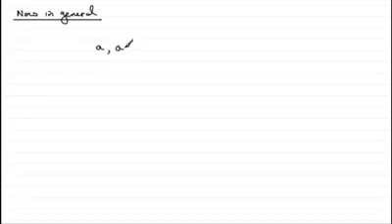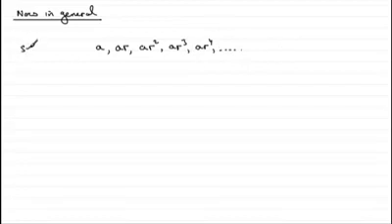So the next term, the second term, would be ar, and we multiply this term again by that constant value r, so the third term becomes ar squared, and so on. The fourth term, ar cubed, fifth term, ar to the power 4, and this will go on like this. So this is a geometric sequence.